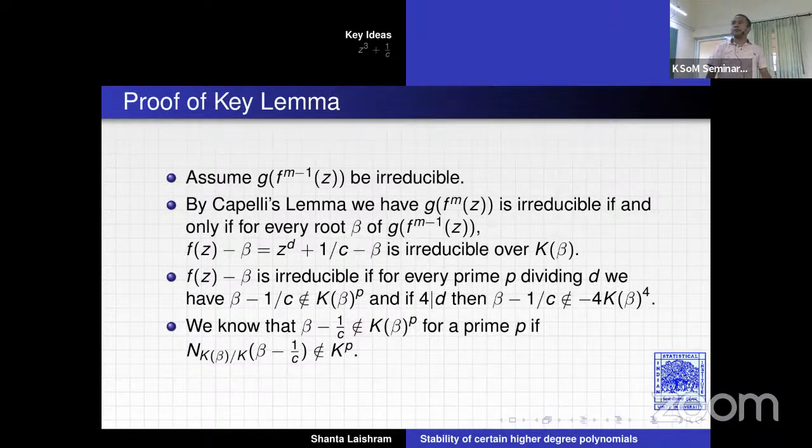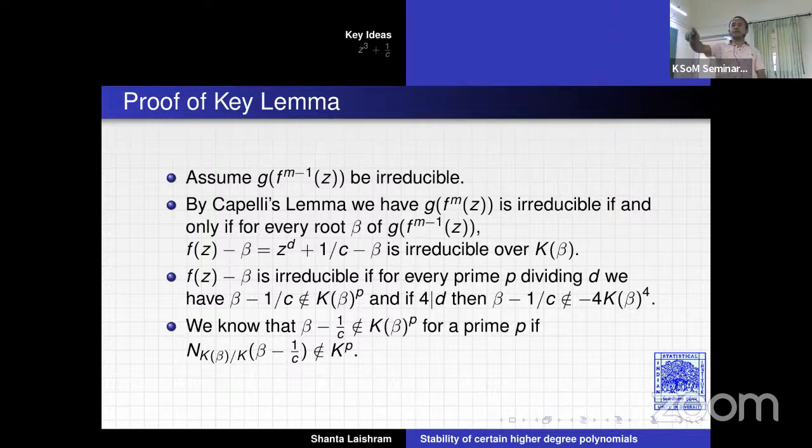Then by Capelli's lemma, g of f^m is irreducible if and only if for every root beta of g of f^(m-1), f_g minus beta, that is c x^d plus 1 over c minus beta, is irreducible over K(beta). So if you can prove that, then g of f^m_g is going to be irreducible.